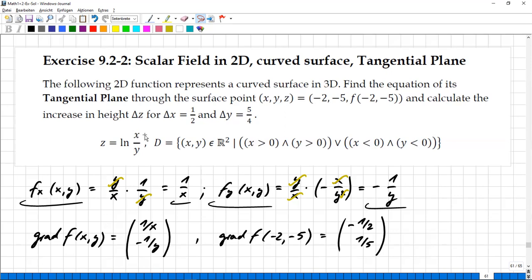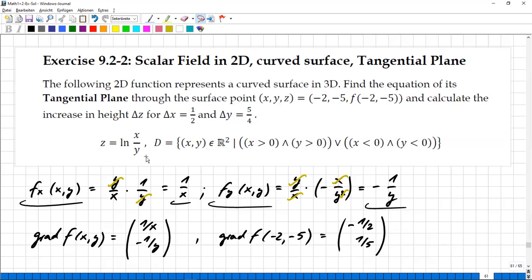Oh, not really, because the other case is when y is negative but non-zero, and x also is negative non-zero, we have a fraction which gets positive. Like in the example -2, -5, we have -2 over -5, which is +2 over 5, and the function is well defined. So you understand what I mean?